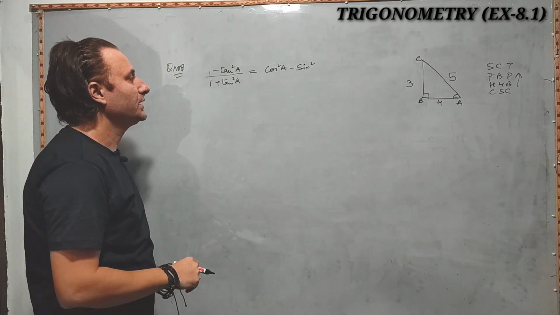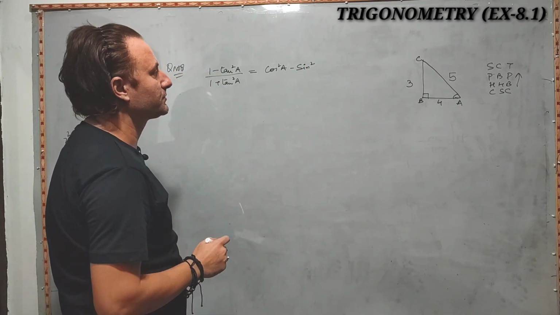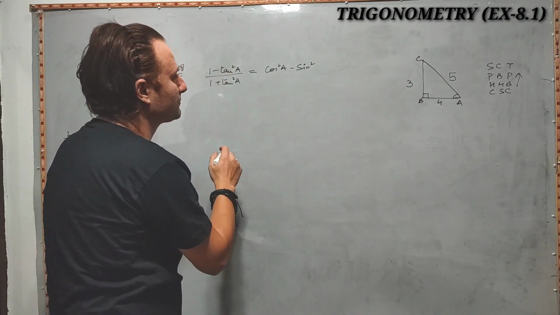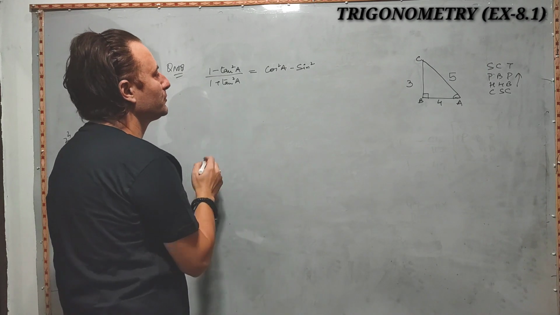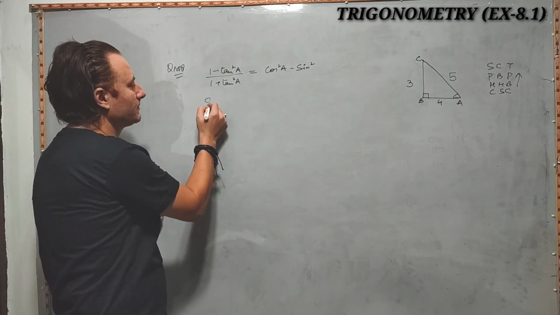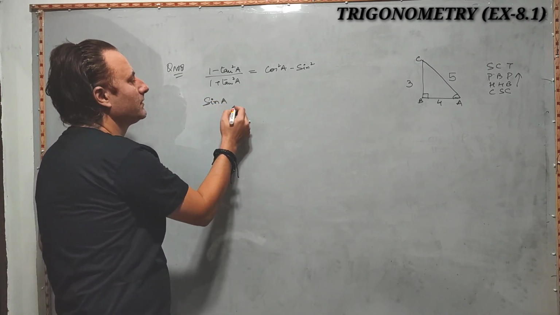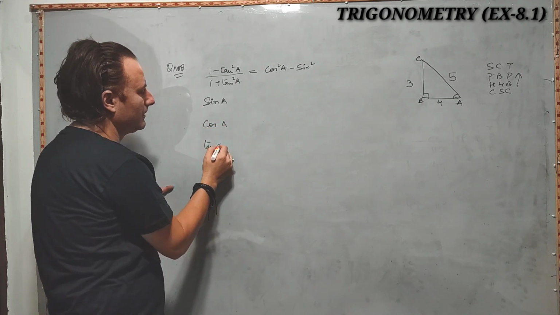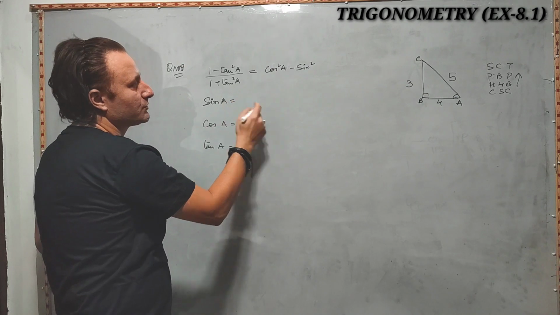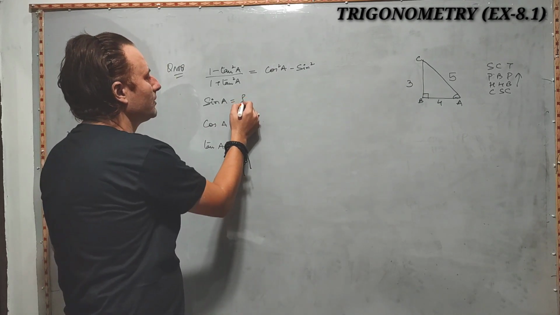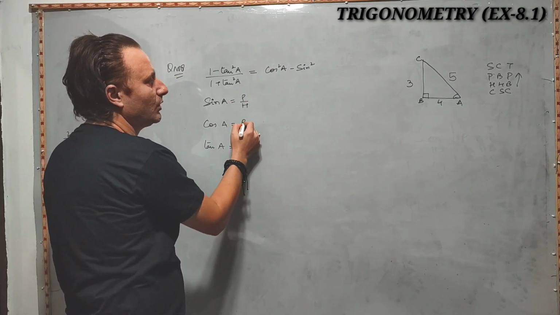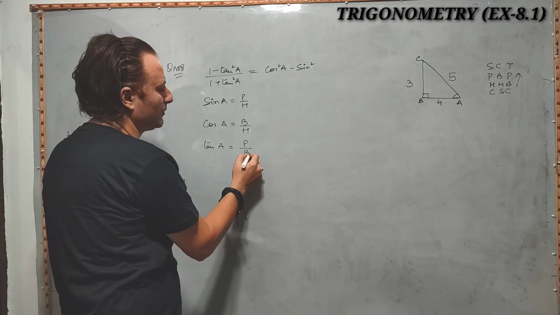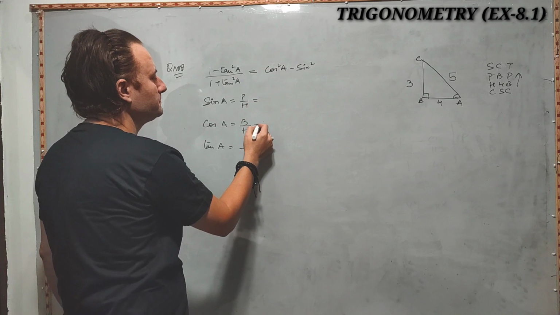Got it? So now here, what are we trying to search? We are trying to search tan and then sine and cos as well. Once we have the values, we can put those values here. So let's write sine A, then we have cos A, and then tan A as well. So sine is perpendicular upon hypotenuse, cos is base upon hypotenuse, and tan is perpendicular upon base.